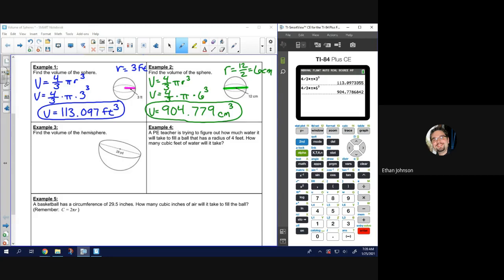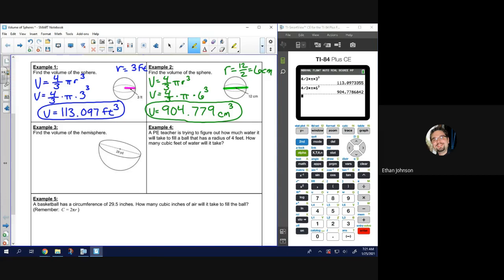Sometimes we will throw a complete curveball, or should I say half a curveball, as in example 3, we have a hemisphere. A hemisphere is half a sphere. Well, guess what? We're going to treat this problem just like how we did before. Except when we find our final answer, we're just going to take half of it.